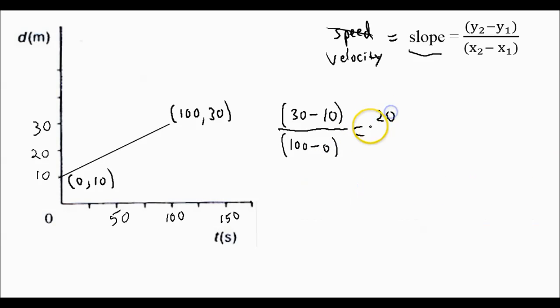And so we get 20 divided by 100. Now it's helpful to remember that these numbers actually have meaning. So this is actually 20 meters and this is 100 seconds. And so we find that our slope is 20 meters per 100 seconds, or 0.2 meters per second. And that is our velocity of this object throughout this straight line.